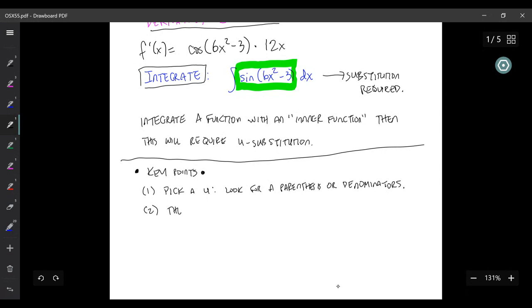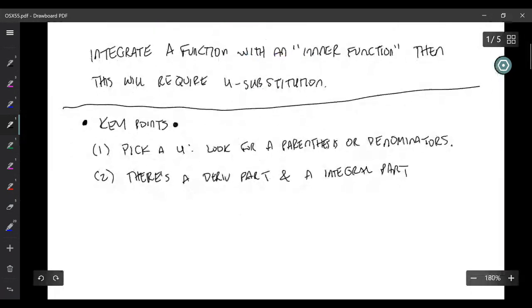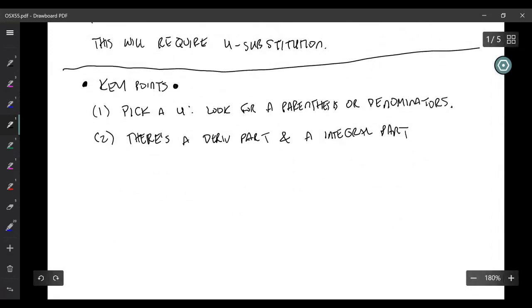There's going to be a derivative part and an integral part. So just be very careful, make sure you have those kind of separate, with the idea of this is this compartment, this is this compartment. And again, I'm just doing general comments here. When we do the examples, this will hopefully make more sense.